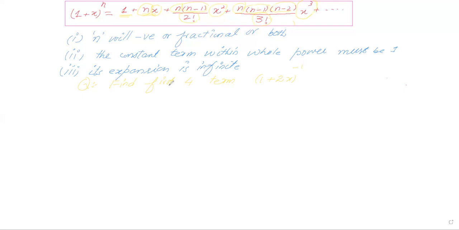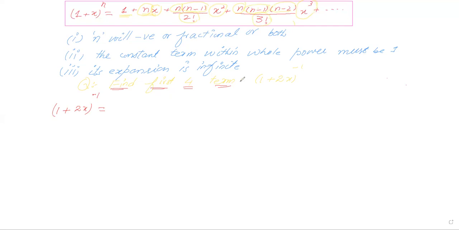Just observe over here. I have find the first 4 terms. This means find the first 4 terms. A term is defined as the expression between plus or minus signs. So 1 plus 2x raised to power minus 1.